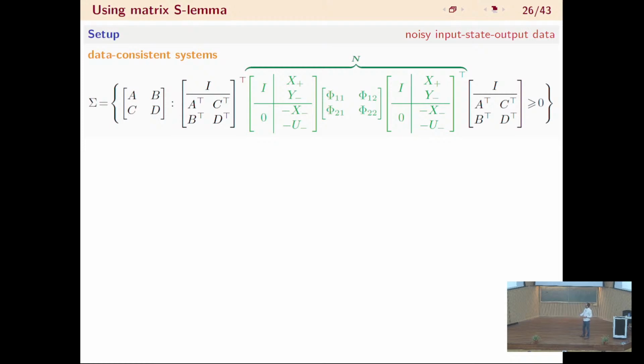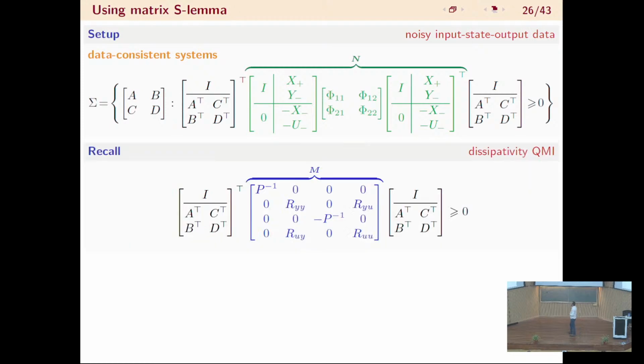So I have the noise model and the data, I can compute N. And the dissipativity QMI, I converted to a new one, which is given by this matrix M. And now, as you see, the unknowns are the same type, transpose of A, B, C, D matrix. Therefore, I can apply the non-strict matrix S lemma from the cookbook.